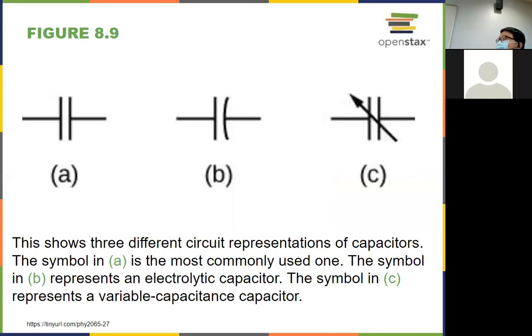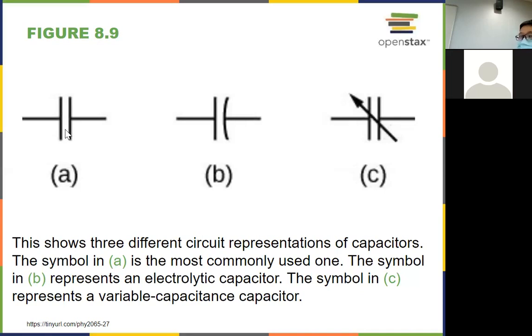In a circuit, a capacitor is represented by this symbol. A normal capacitor is represented by two lines next to each other, parallel to each other with a gap. The two lines are the same length. If you have two lines where one line is longer and the other is shorter, then that's a battery.